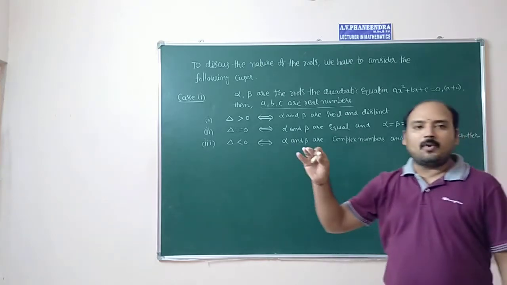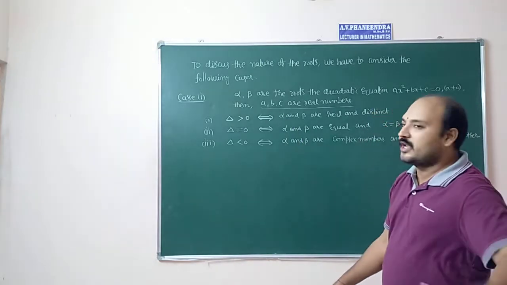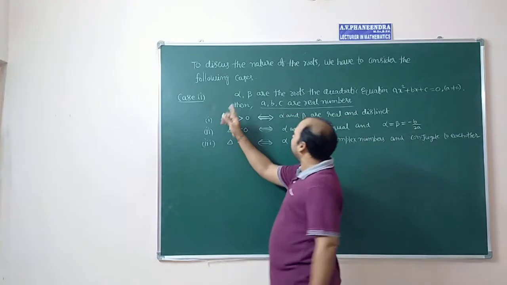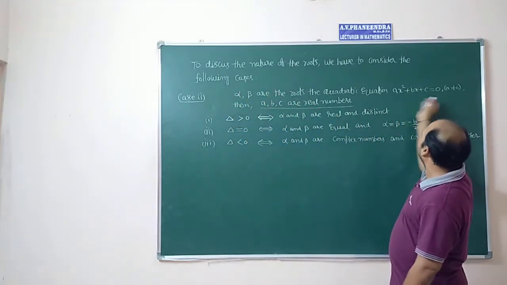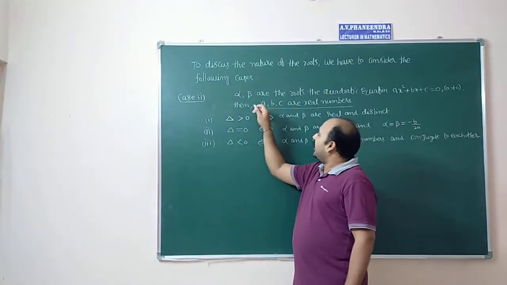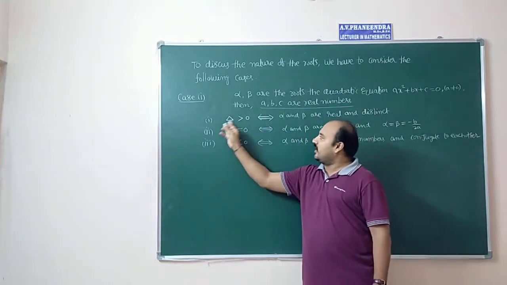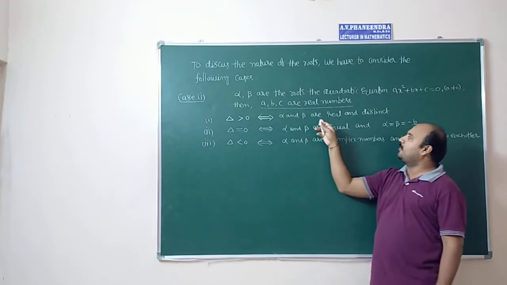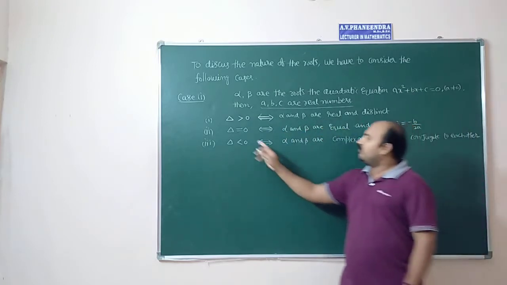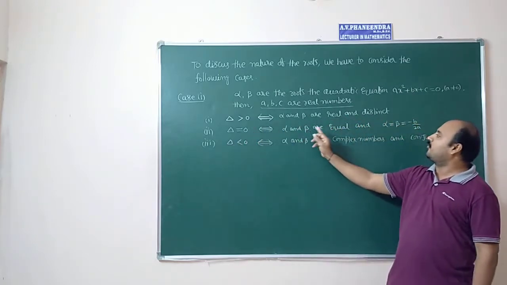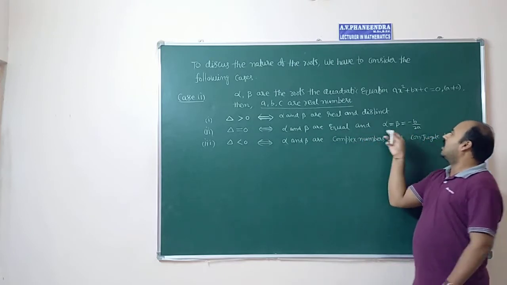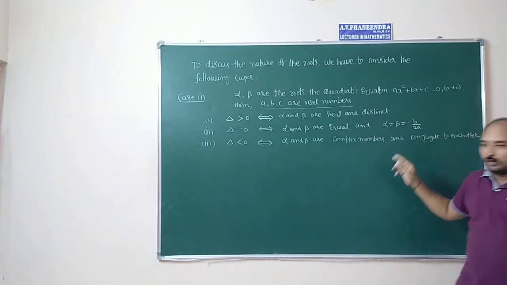These are about case 1. Once again I am explaining: alpha, beta are the roots of the quadratic equation ax square plus bx plus c, and a, b, c are real numbers. If delta is greater than 0 if and only if alpha, beta are real and distinct. If delta equal to 0 if and only if alpha and beta are equal and alpha equal to beta equal to minus b by 2a.